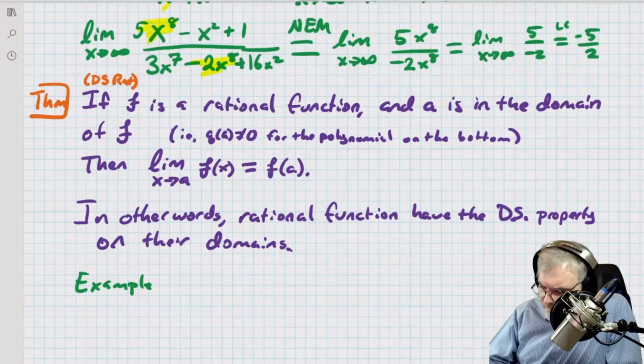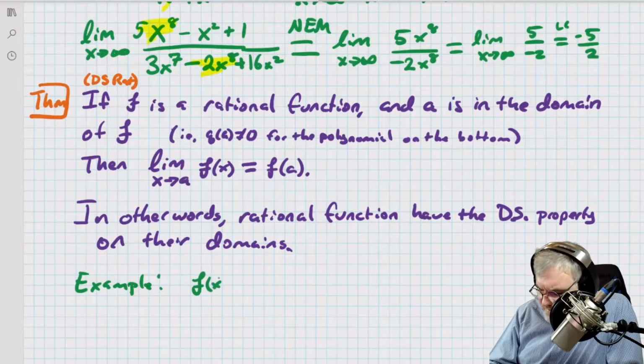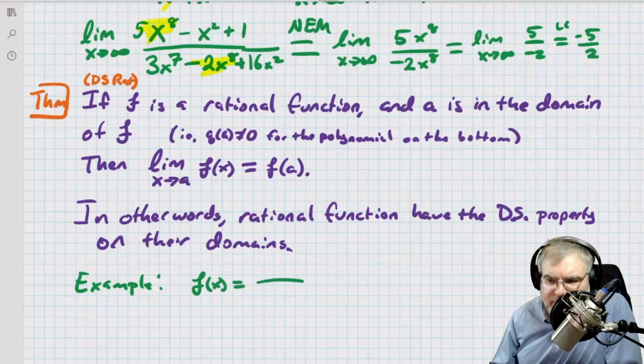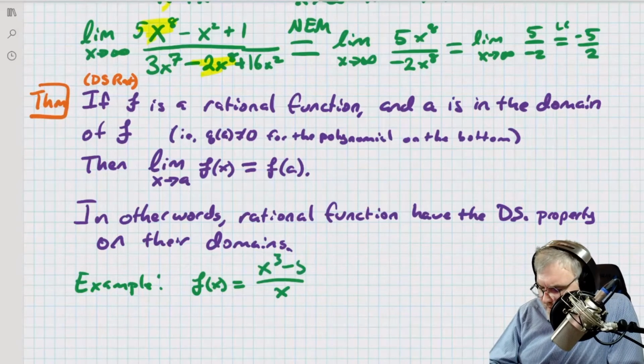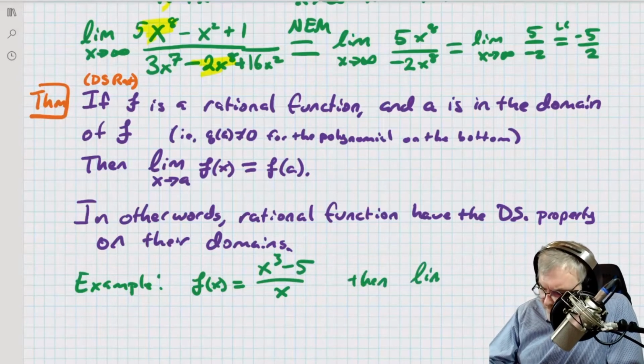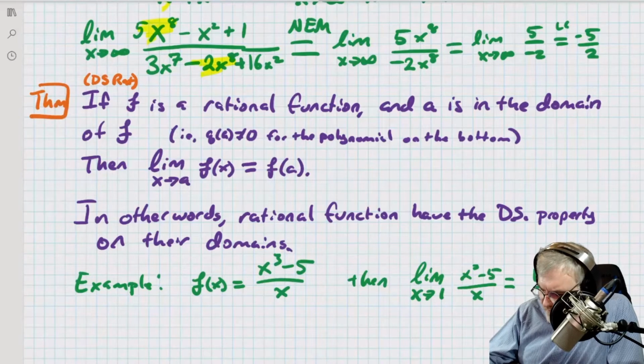All right, let's do an example. Let f of x equal, let's do something on the bottom that's easy, x. Now something on the top like x cubed minus 5. Then the limit as x goes to 1 of x cubed minus 5 over x equals 1 cubed minus 5 over 1, because the bottom is not 0, right?